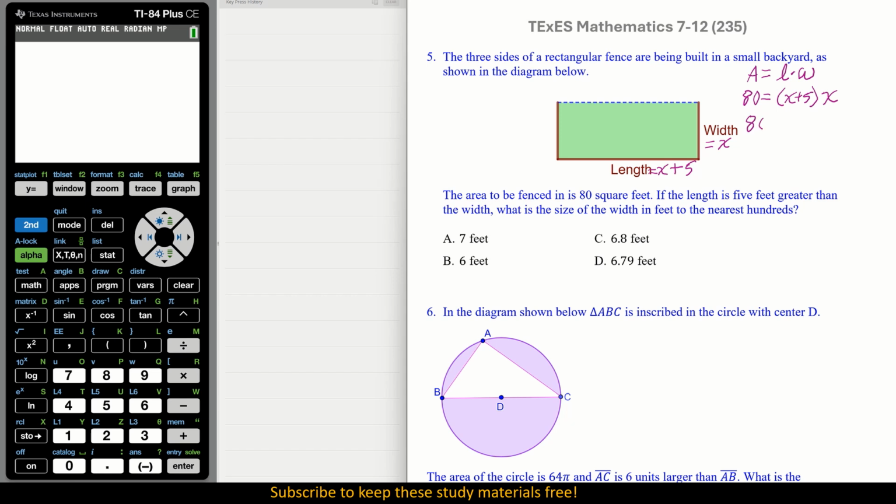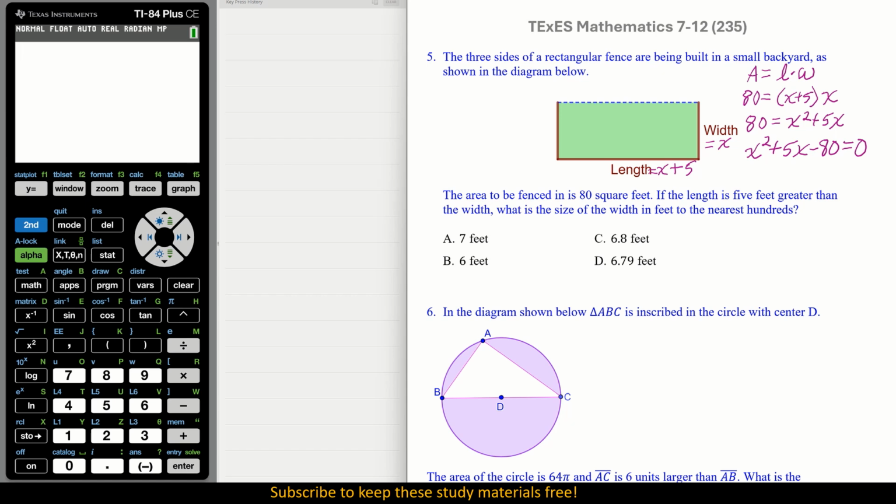This means 80 equals x squared plus 5x. Well, let's turn this into a workable quadratic equal to 0. That means we have x squared plus 5x minus 80 equals 0.